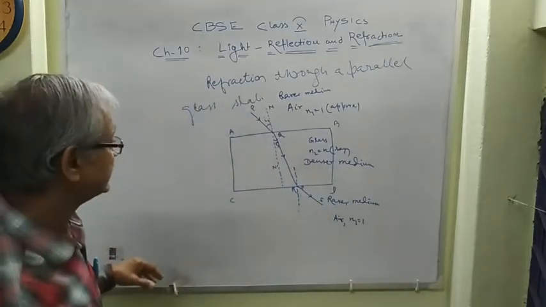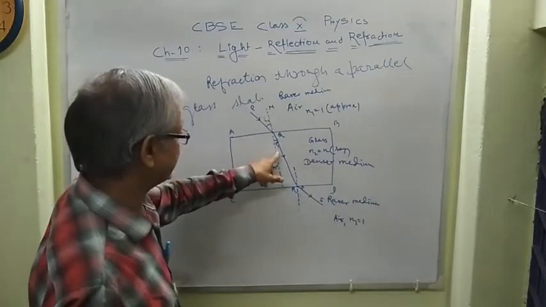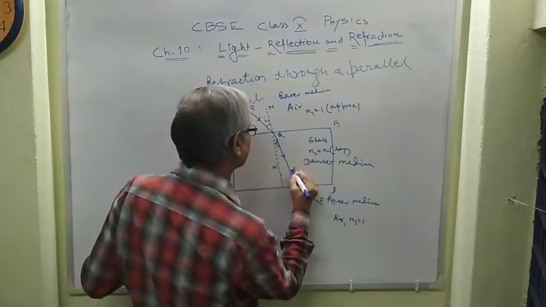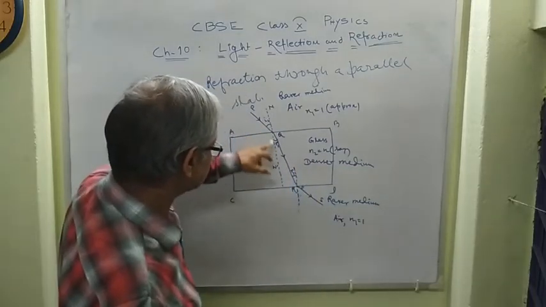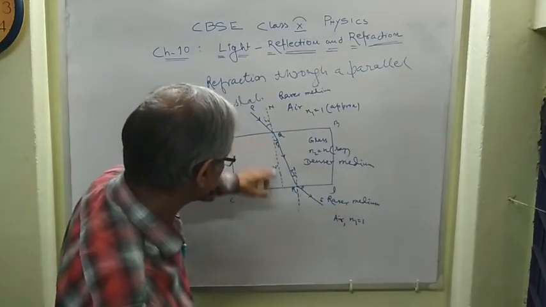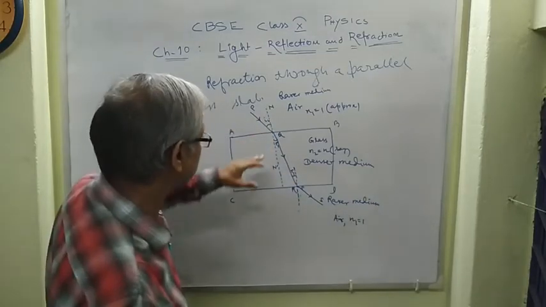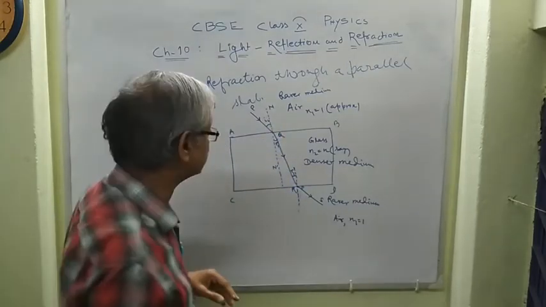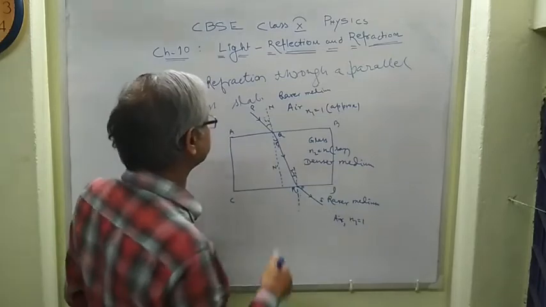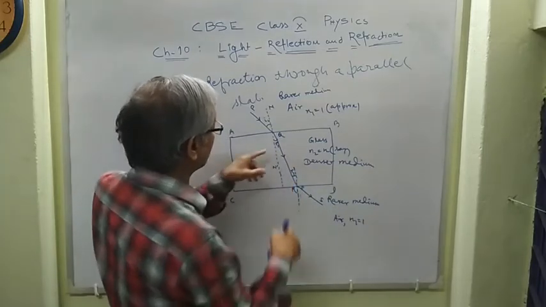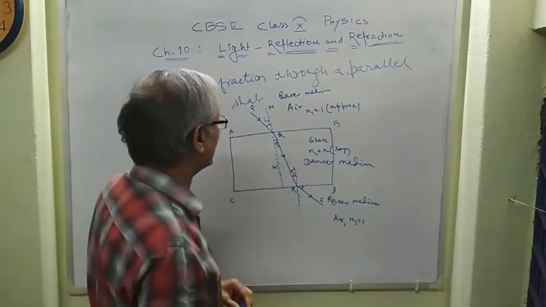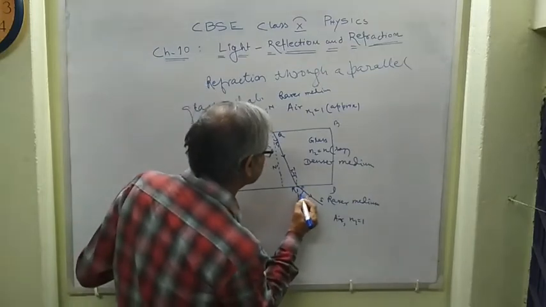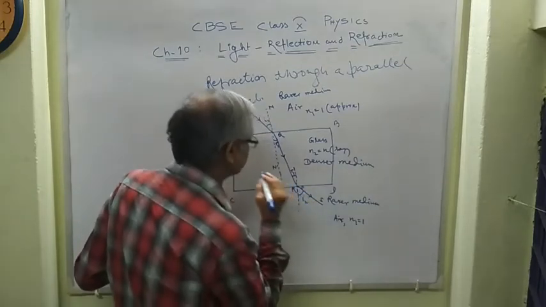Here, this is the angle R1, since the two normals are parallel because the two surfaces are parallel to each other. Both are perpendicular to the parallel slab faces. Hence R1, this is the alternate interior angle, hence these are equal. It is angle of emergence I2.